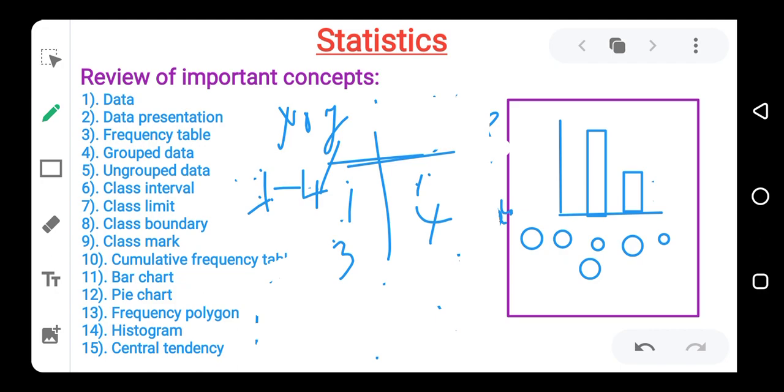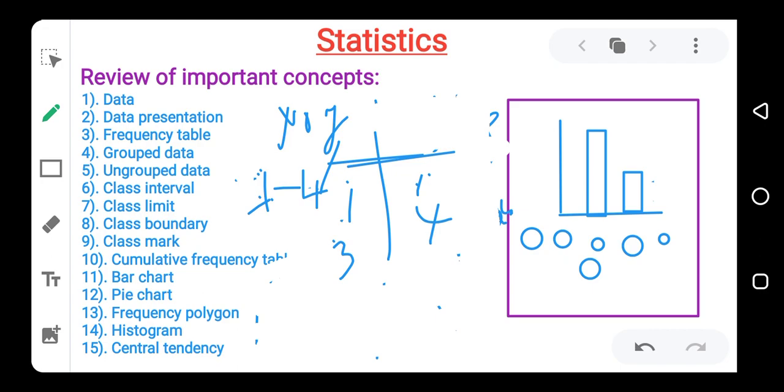Now, class limits. Class limits are the limits or the ends in the class interval. Remember that if you group 1 to 4, that means that 1, 2, 3, and 4 are all part of the group. The class limits are the ends of the class interval.